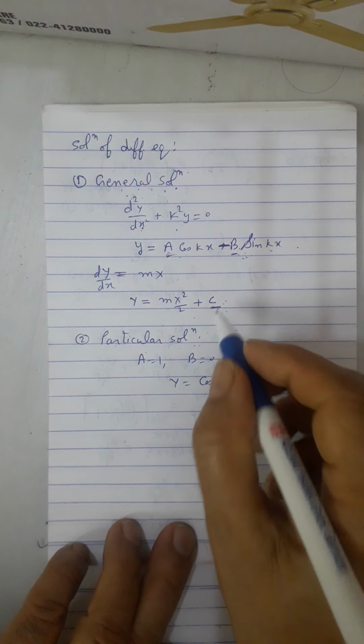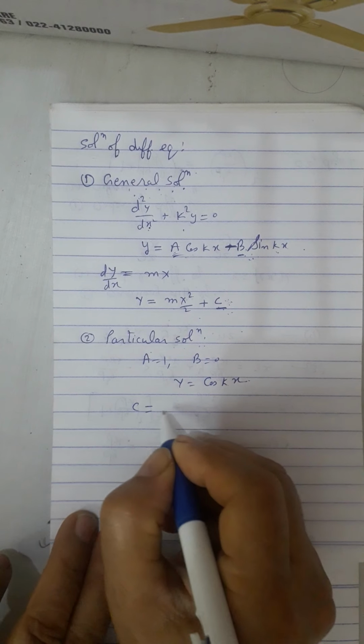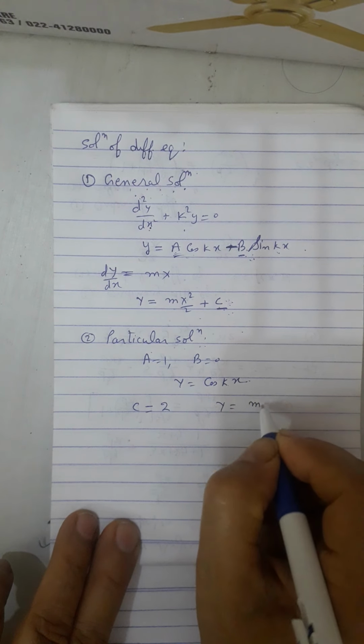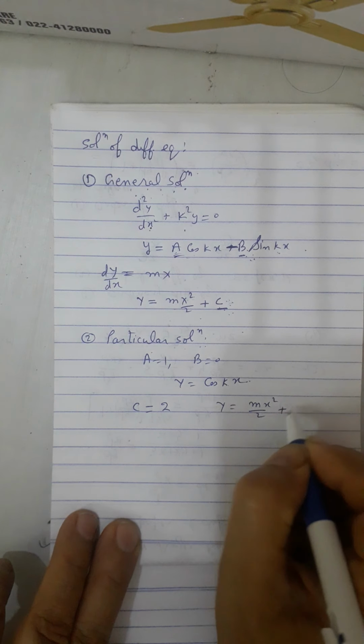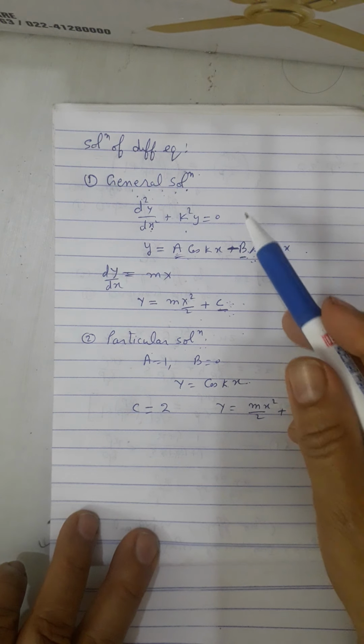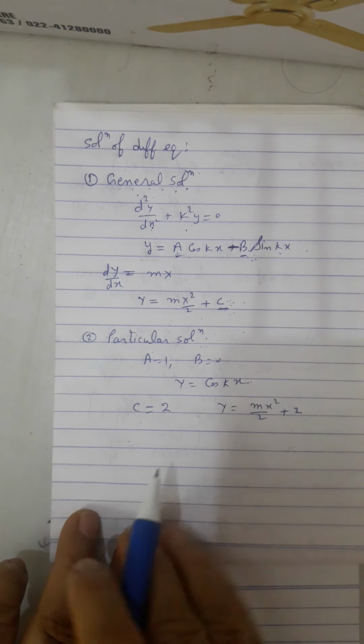This is called the particular solution. Similarly, if we give c the value, say 2, then y is equal to mx square by 2 plus 2 will be the solution of the second equation. So these are two types of solution, general solution and particular solution.